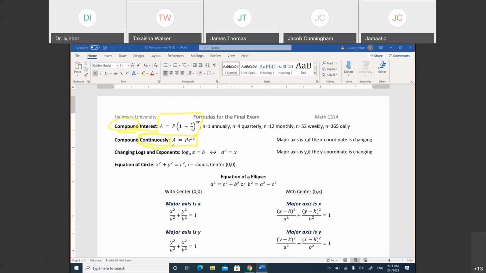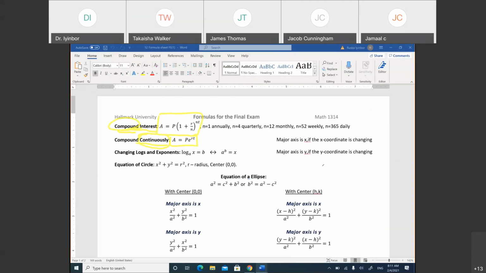Now let me explain what compound interest means. This is the idea behind it. Let's say you invest $100 and you compound, let's say, annually.